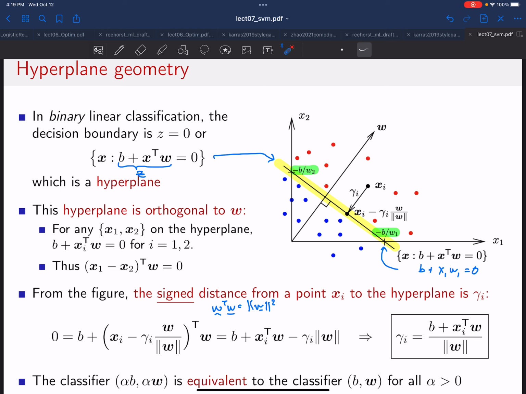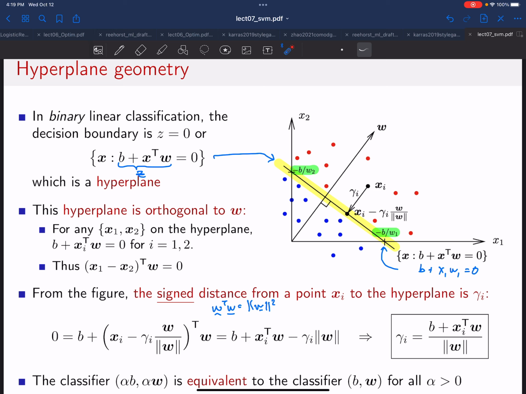Any questions so far? One important thing about this distance is that this is a signed distance. Usually when we think of distance, we think of a positive quantity, right? But this quantity can be positive or negative, depending on the signs of the b and the weights w. What that signifies is that when you're on the side of the hyperplane that corresponds to the ones class, that's going to give you a positive distance.